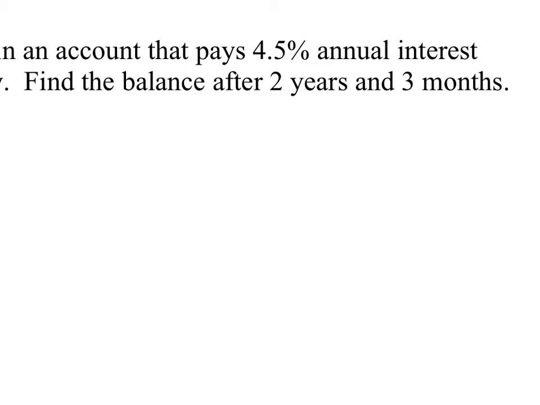So we have 2 years and 3 months. Well, 2 years is how many months? Each year is 12 months. We have 2 of those, which is 24, and then 3 months on top of that, so we have 27 months. We're going to use dimensional analysis, or unit conversion, to convert that to years. How many months are in a year?